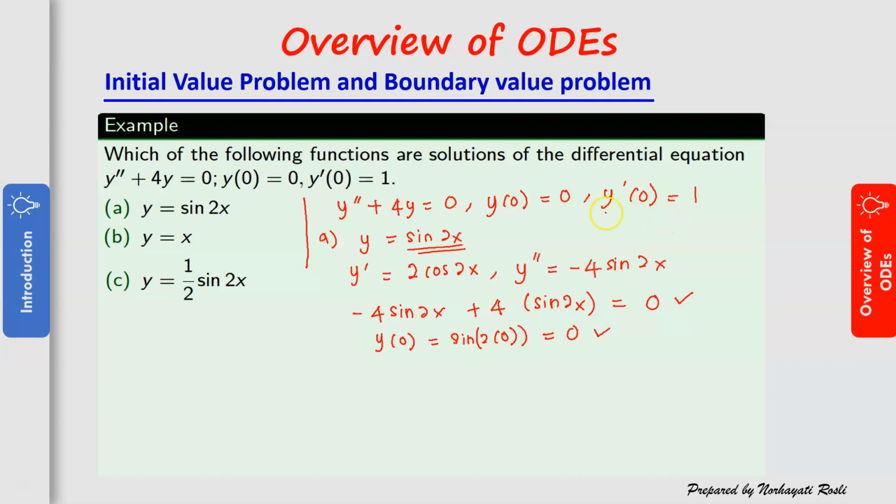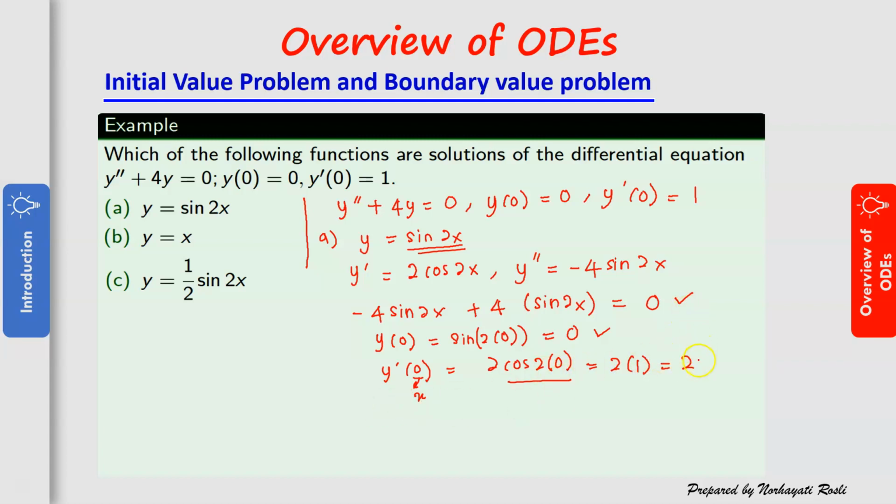And then we need to check for y prime 0. Y prime 0 is equal to 2 cos 2x, where x is 0, so 2 times cos 0. When we solve this, cos 0 is equal to 1, which is 2 times 1, which is equal to 2.